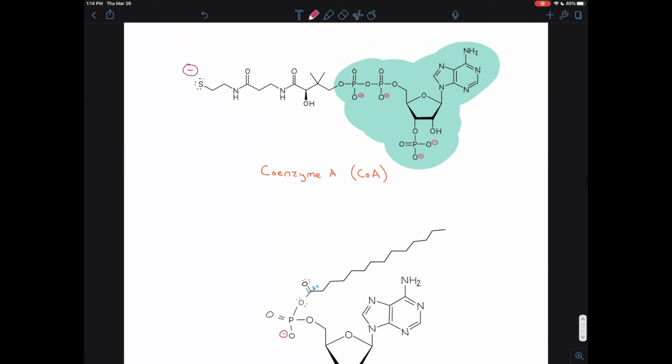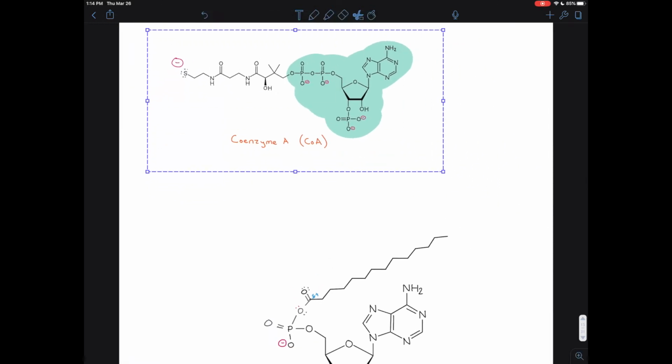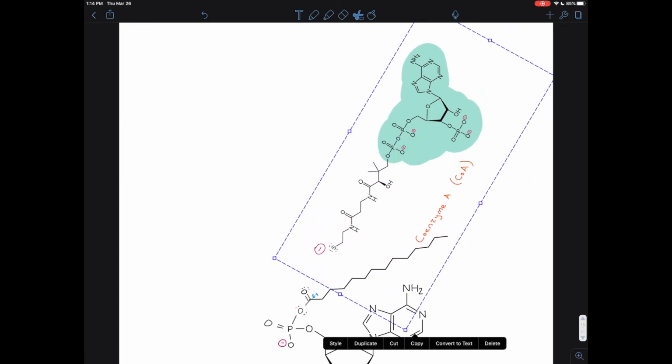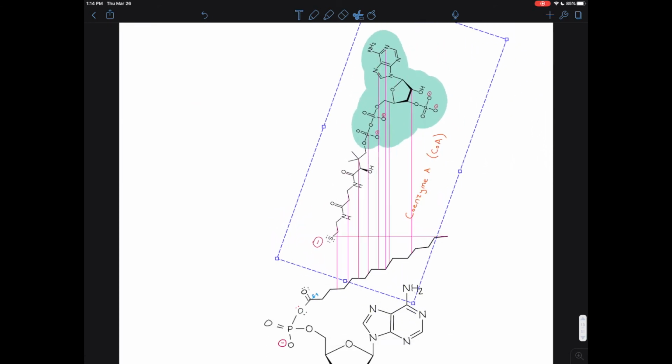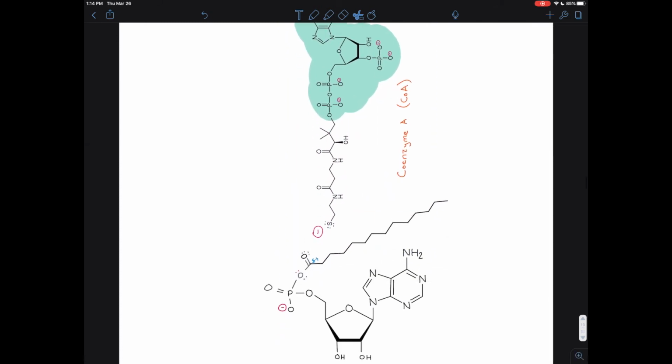Okay, so now that this sulfur of coenzyme A is a strong nucleophile, it can attack the carbon of the fatty acid.